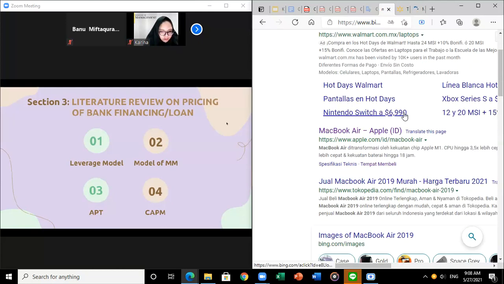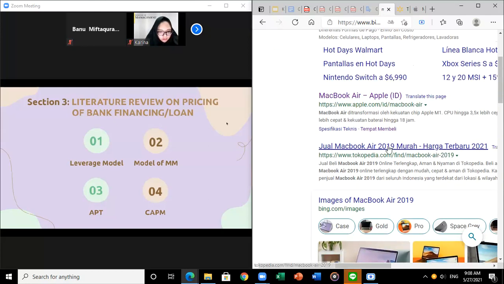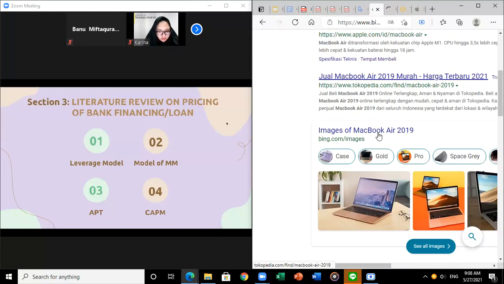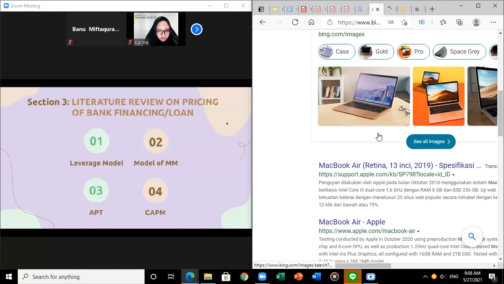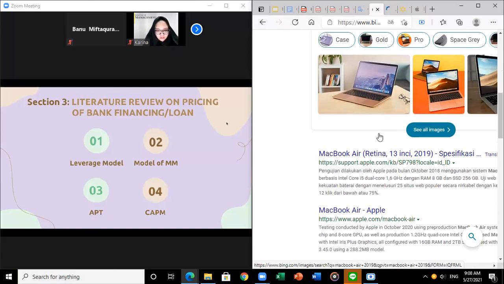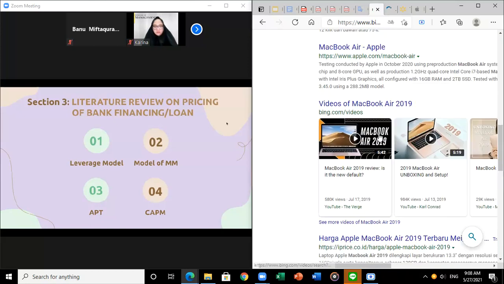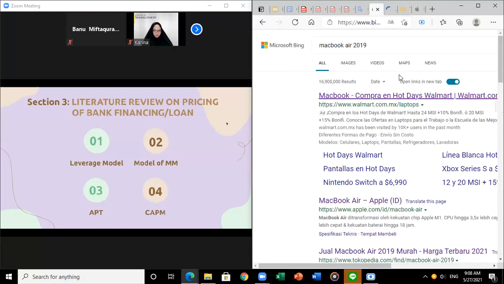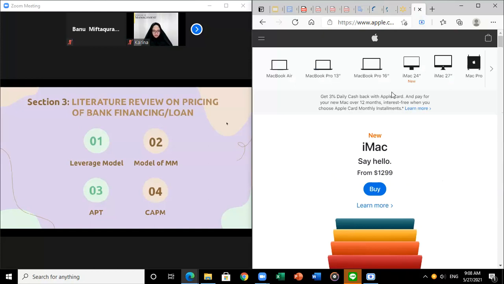So over the 1950s until the 1970s, there are five concepts of finance theory: the early gearing models or leverage, the model of Modigliani and Miller, and then there's CAPM, then there's APT.